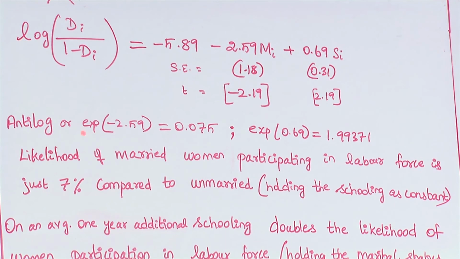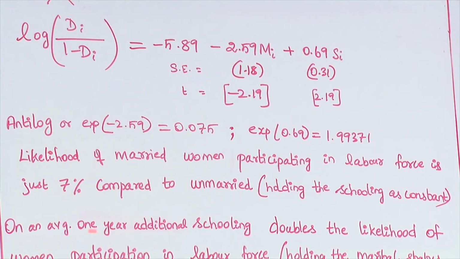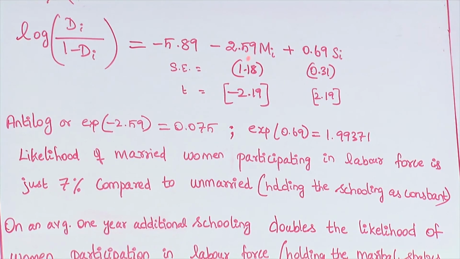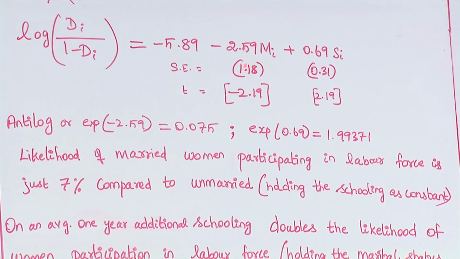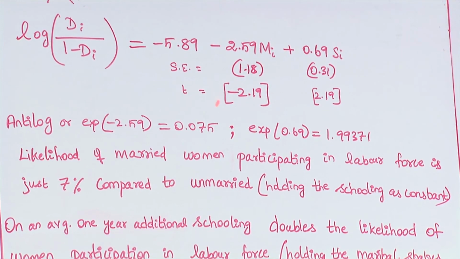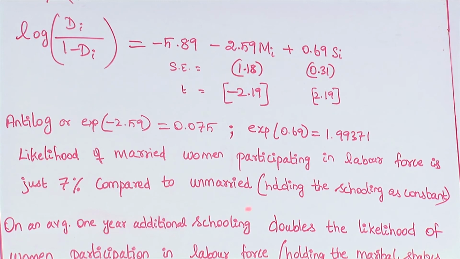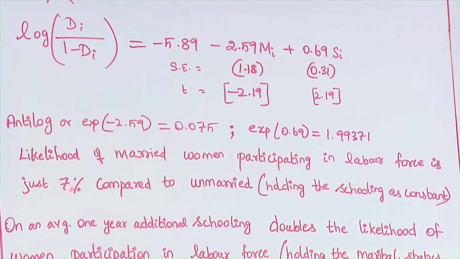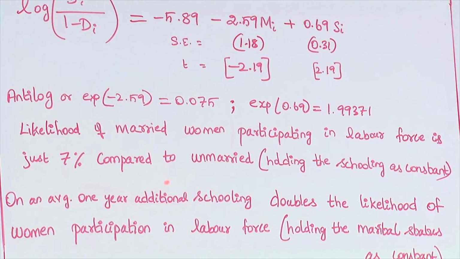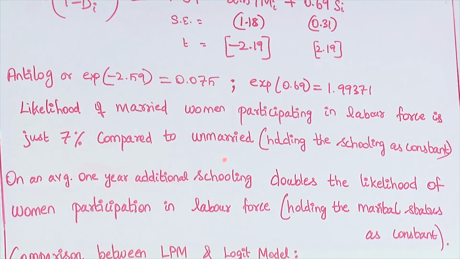Now, how would you interpret the dummy coefficient of marital status? The likelihood of married women participating in the labor force is just 7% compared to the unmarried women.